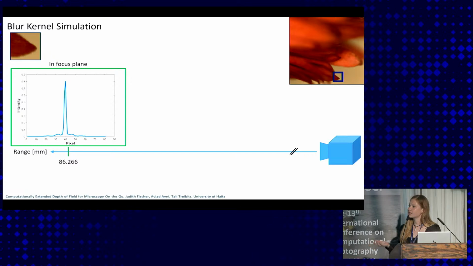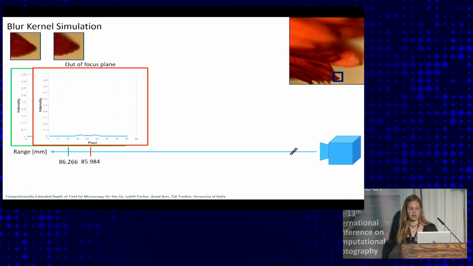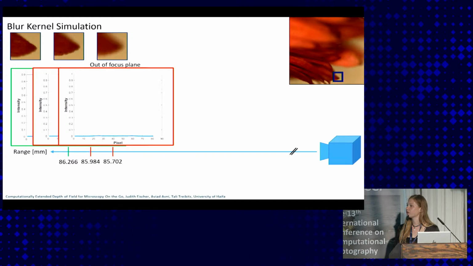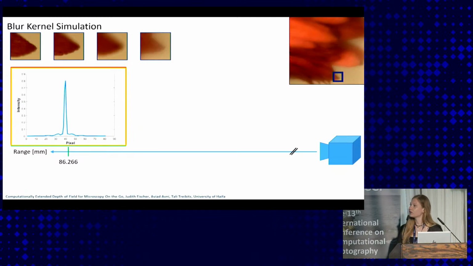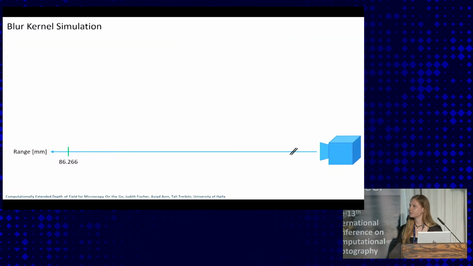If the object appears in our in-focus plane, it will appear in focus, but once we start moving out of focus in our one-shot, the object will appear out of focus. To simulate the blur of the one-shot, we averaged all these in and out of focus planes into one blur kernel for this specific in-focus plane. And this gave us the one-shot for this plane.